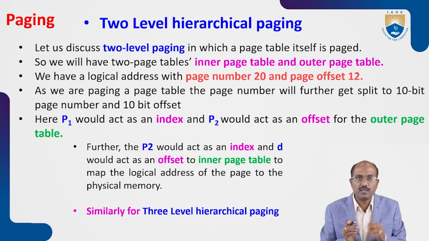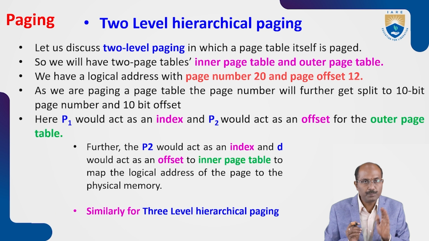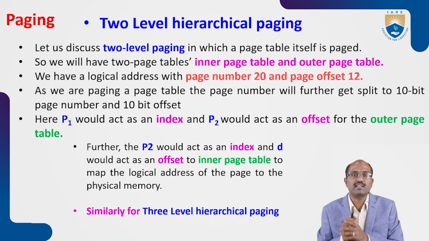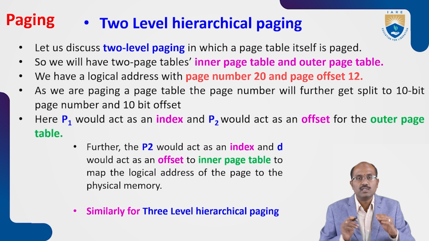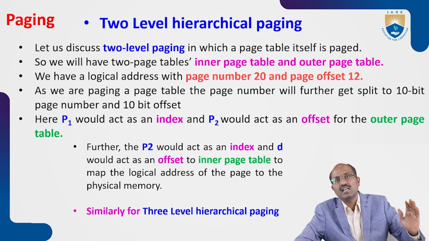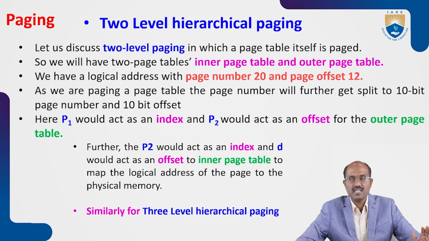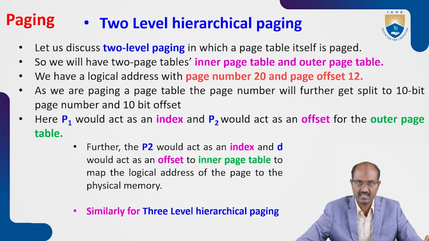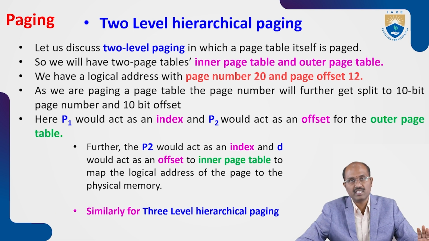A four-level hierarchy has P1, P2, P3, P4 and offset. Page number and page offset are clarified by the two-level, three-level and four-level hierarchy of the page table, and so on.